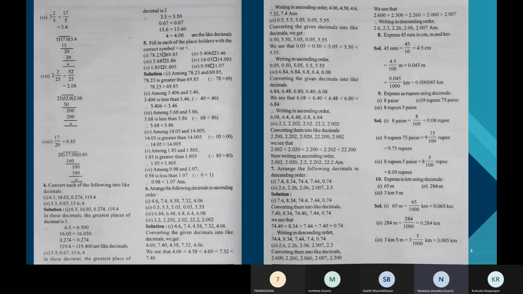Ma'am, 25 into 4, ma'am, 100, ma'am. Yeah, so you will multiply the numerator by 4, the denominator by 4. What is 52 into 4? Ma'am, 208 by 100, ma'am. Correct, 208 by 100. And as a decimal, it will be 2.08.